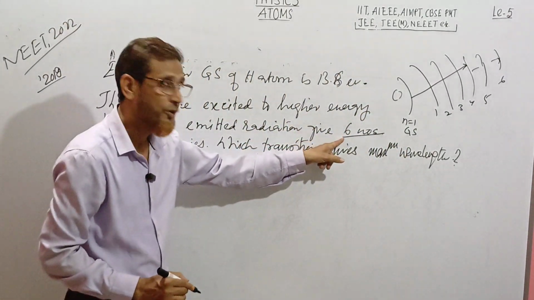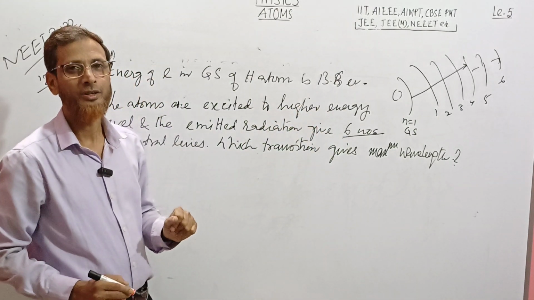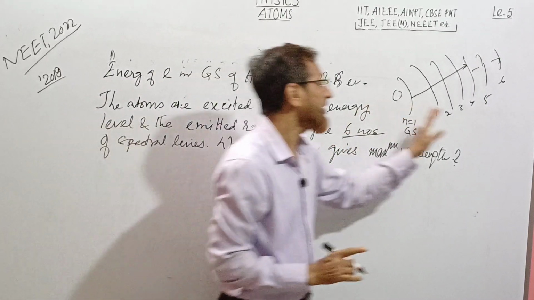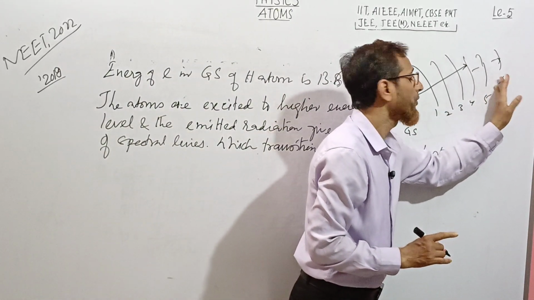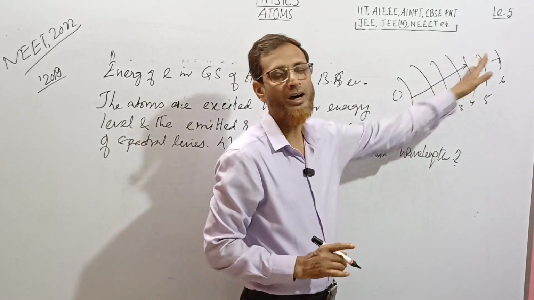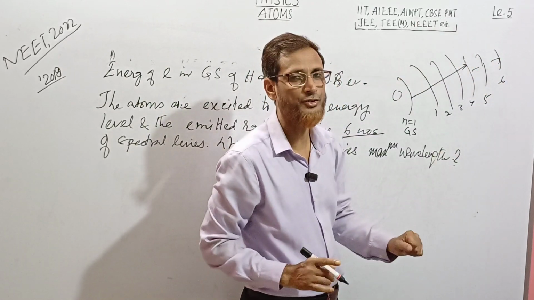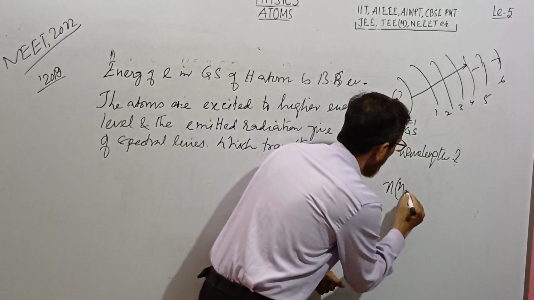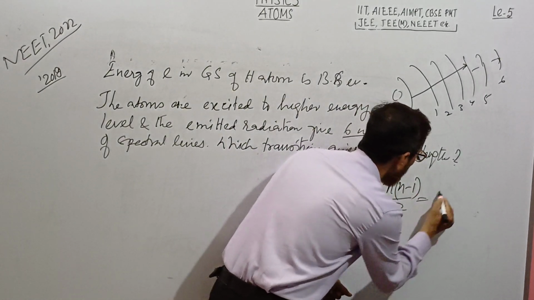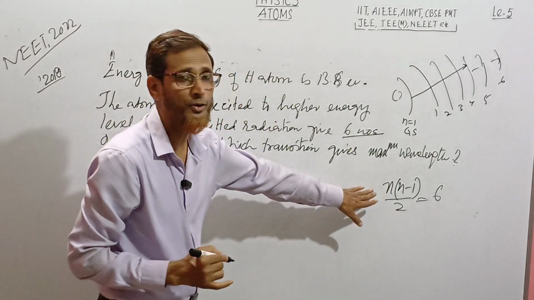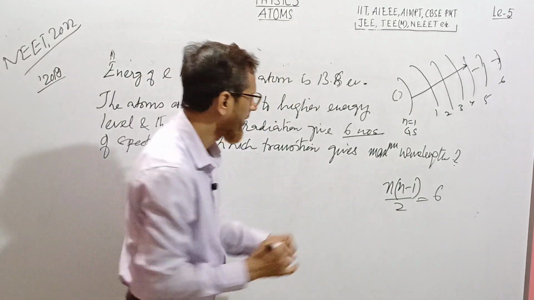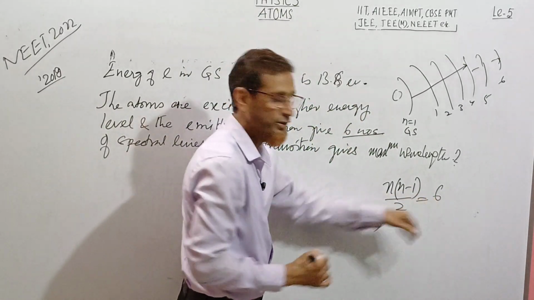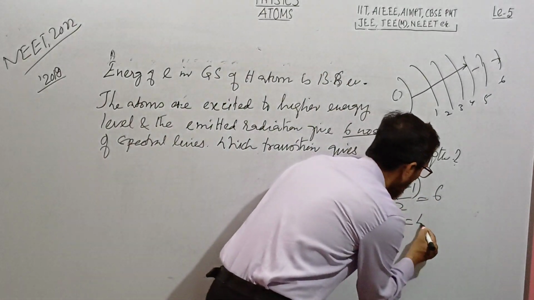This is the clue from where you can find out what is the position of the electron, in which orbit it is. The spectral lines formula is n into n minus 1 divided by 2, and this result is 6. If you calculate it, you will find n is equal to 4.